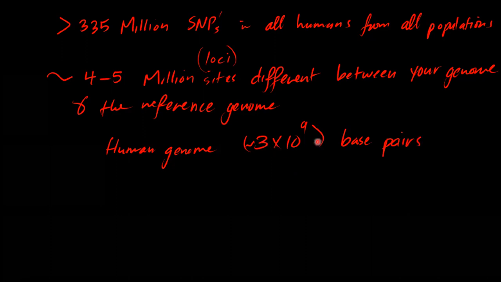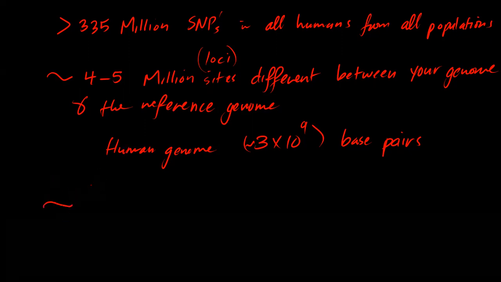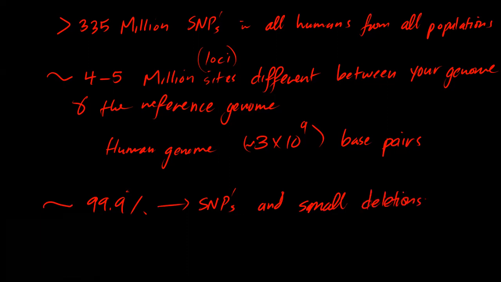So out of 3 billion bases, we have 4 to 5 million differences. And most of these sites that are different among humans, more than 99%, are SNPs and small deletions or insertions.